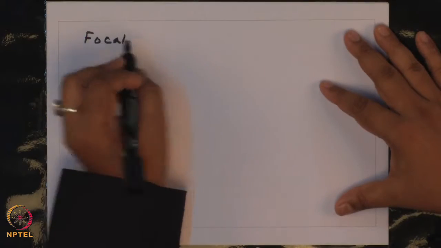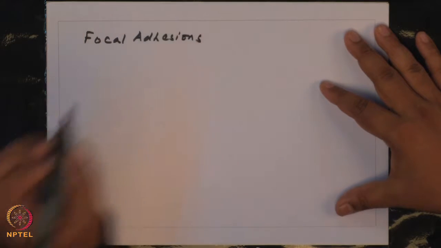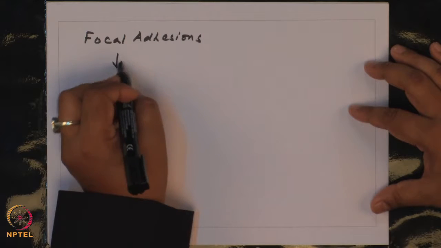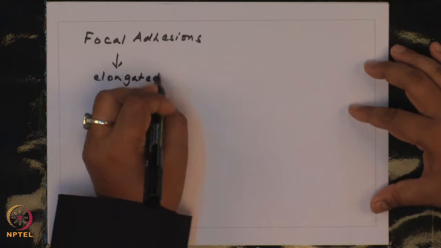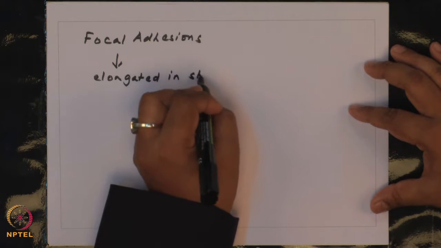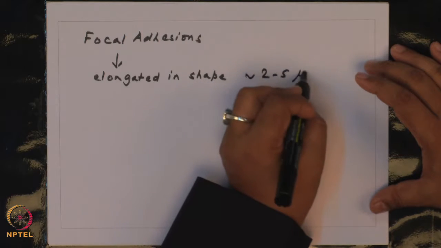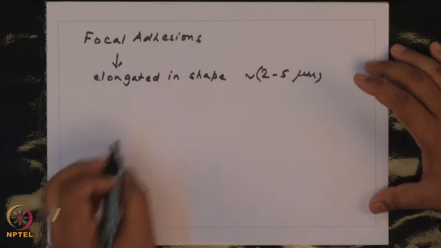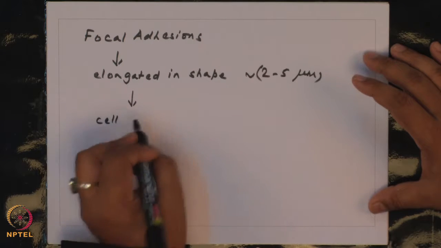So, these focal complexes mature into larger focal adhesions. Focal adhesions are more elongated in shape. These are roughly 2 to 5 microns in length, and they are present at the cell periphery.